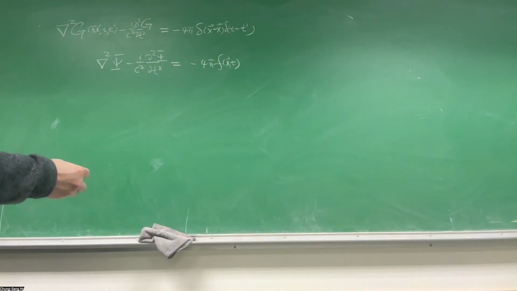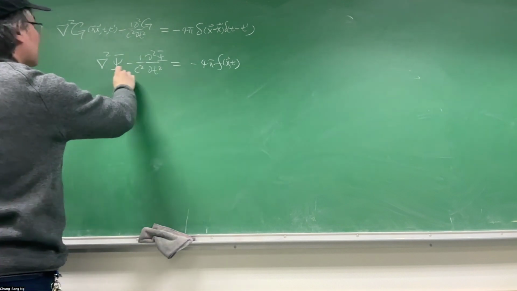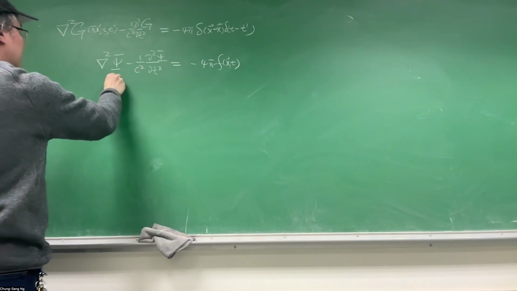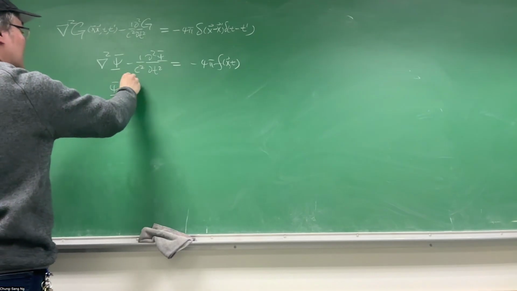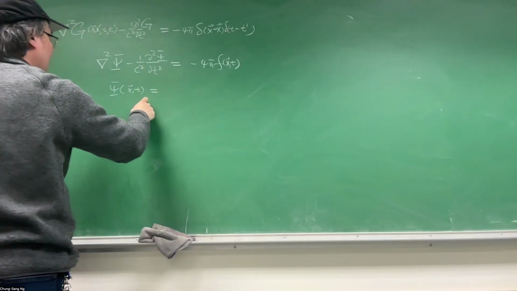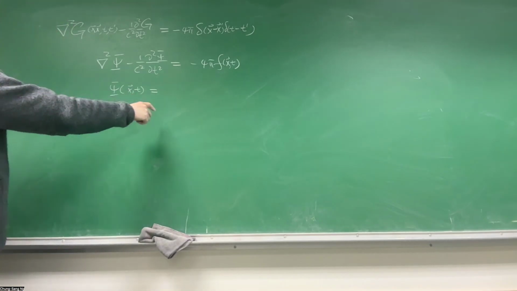All right. And to solve that, we do a Fourier transform. This obviously depends on x and t, and we're doing the Fourier transform in time, keeping the spatial dependence.